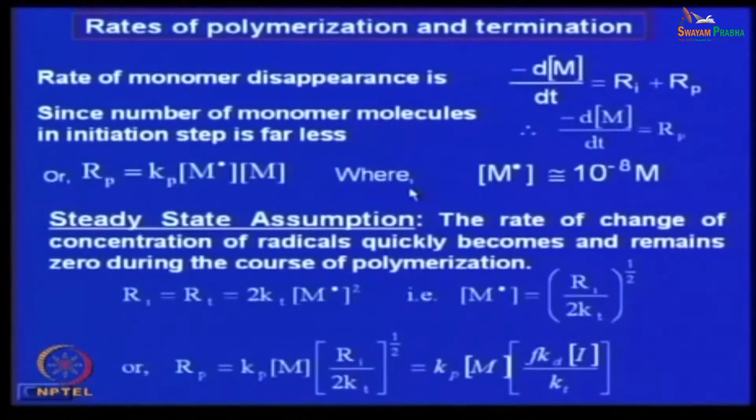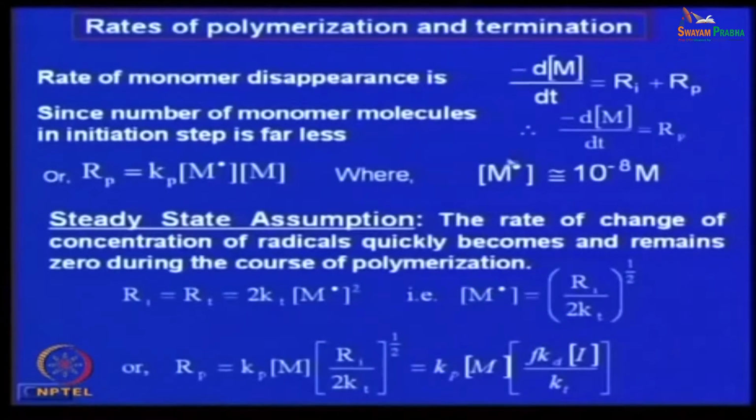It is so transient that once it is initiated, within a very short period it completes its growth and gets terminated, becomes dead. So at any instant of time, if one measures the concentration of the growing chain radicals, it is very less, although it is very difficult to measure. There is no experimental technique available till date by which the concentration of such transient intermediate species can be evaluated.